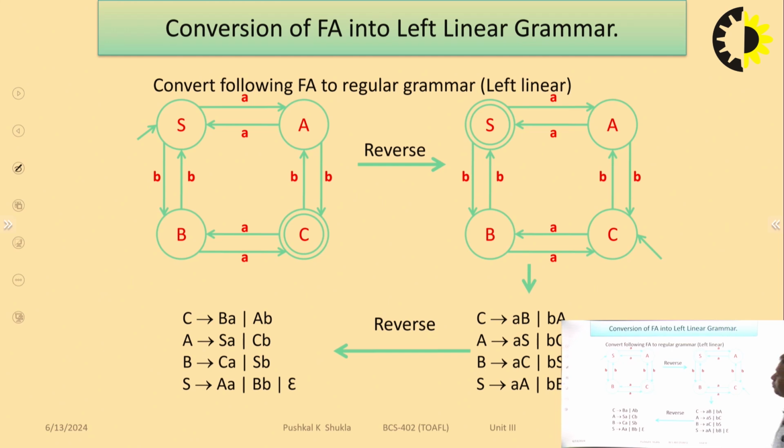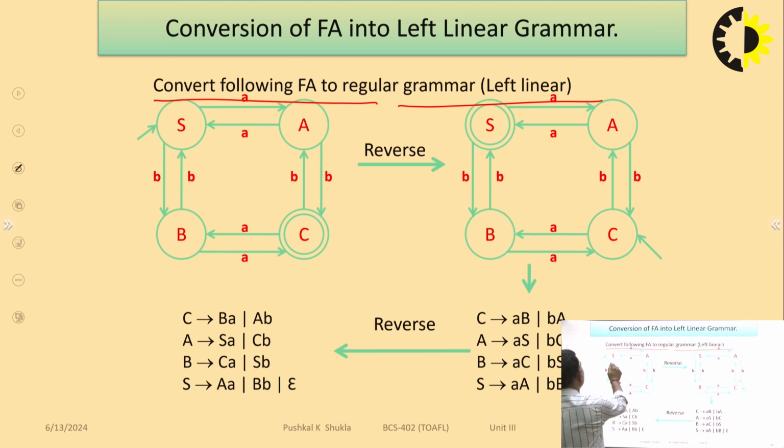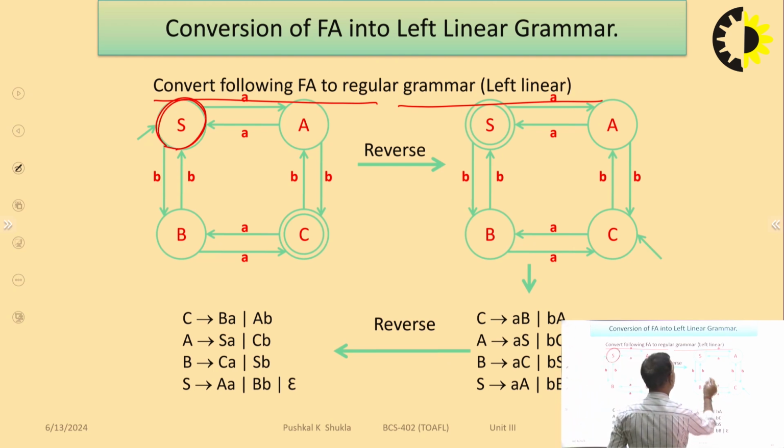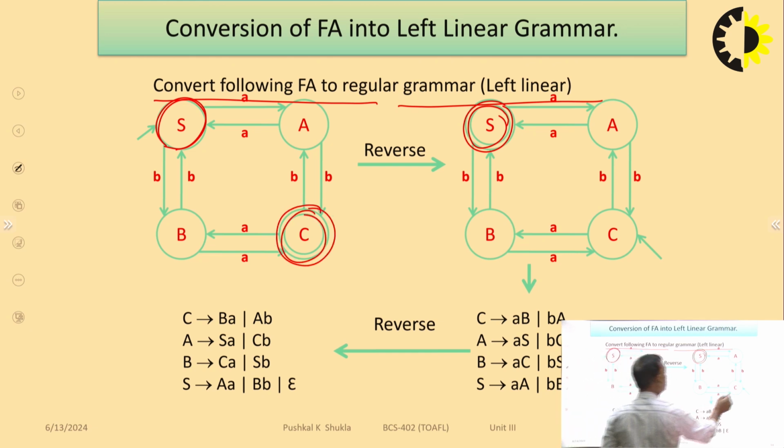Now the question comes many times, convert the following finite automata to regular grammar, left linear. So for this, what we have to do? We have to reverse the start state and the final state. Make the start state the final state, and the final state the start state. So make this arrow like this.